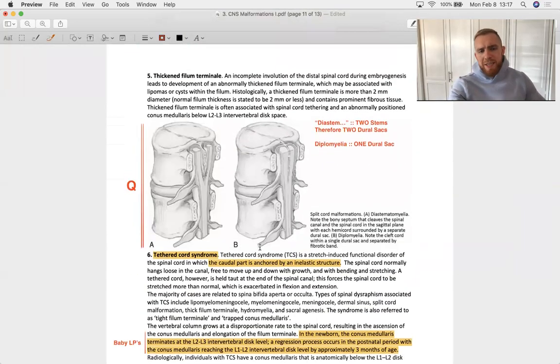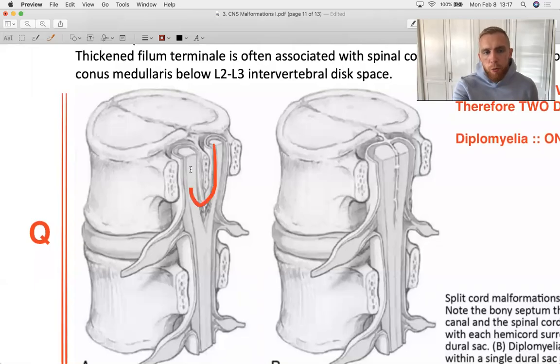Now, in terms of different types, you really want to know split cord malformations. Again, diastematomyelia means there's literally two stems, diastem. Therefore, there are two different dural sacs in this condition that begins with dia, or two. The reason why there's two separate dural sacs is because there is a bony prominence or protuberance splitting these two cords apart from one another.